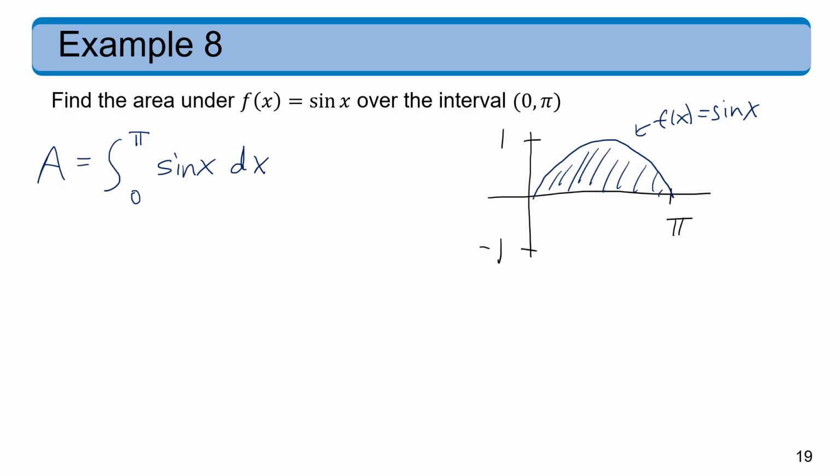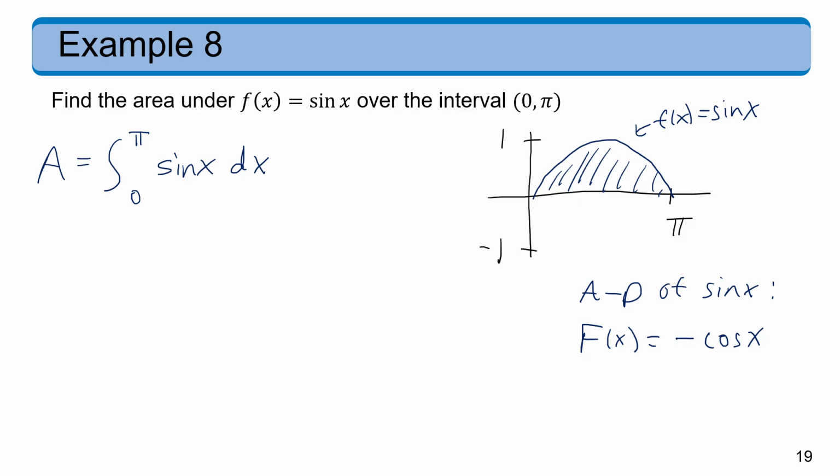Now we have the tools to evaluate this very easily. So we need an antiderivative of sine. Let's just come over here. So we would call that capital F of x. And so we've seen before, this is negative cosine x. That's the function that when you take its derivative, you get sine x.